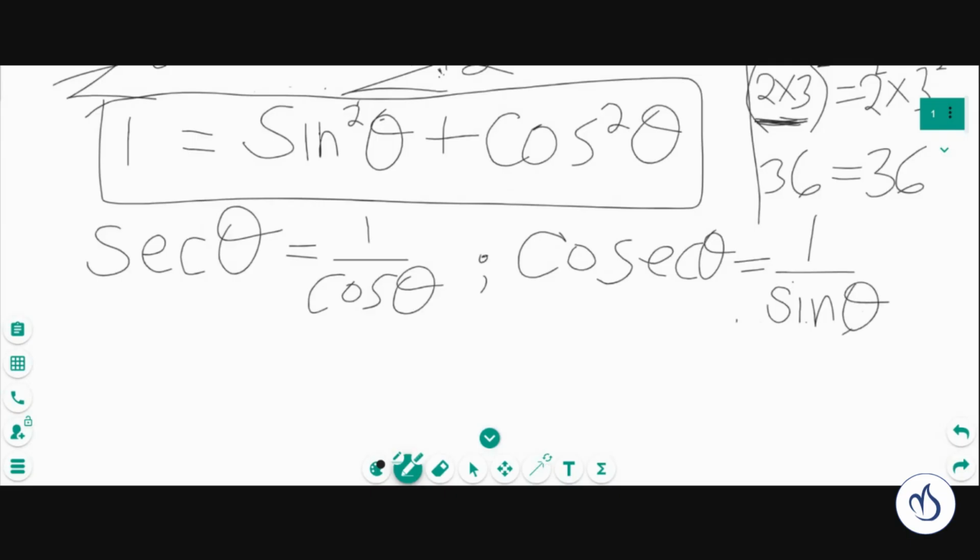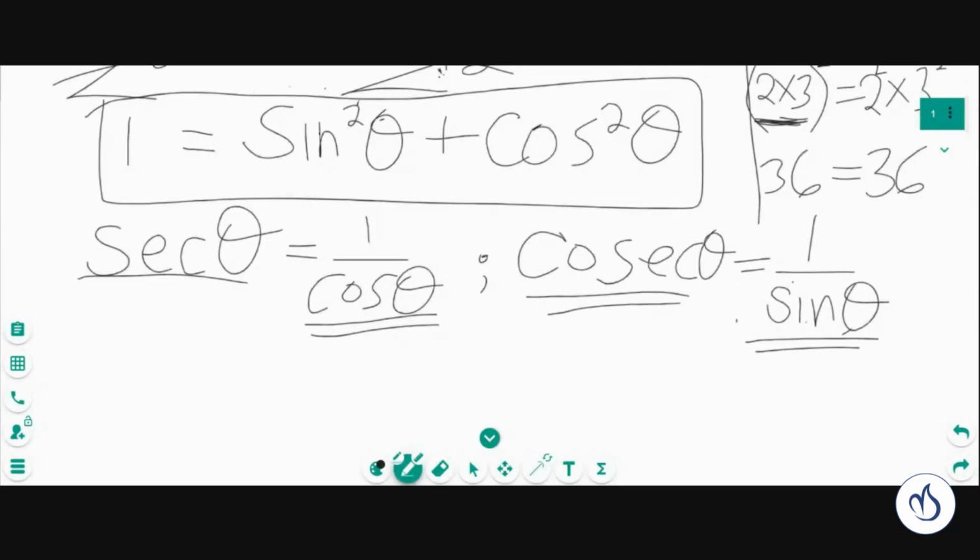Yeah, so there is also this basic relationship that sec of an angle can be written as 1 out of the cosine, and cosec can be written as 1 out of the sine of the angle. A simple way to remember, because someone could interchange and say sec is 1 over sine, cosec 1 over cos.